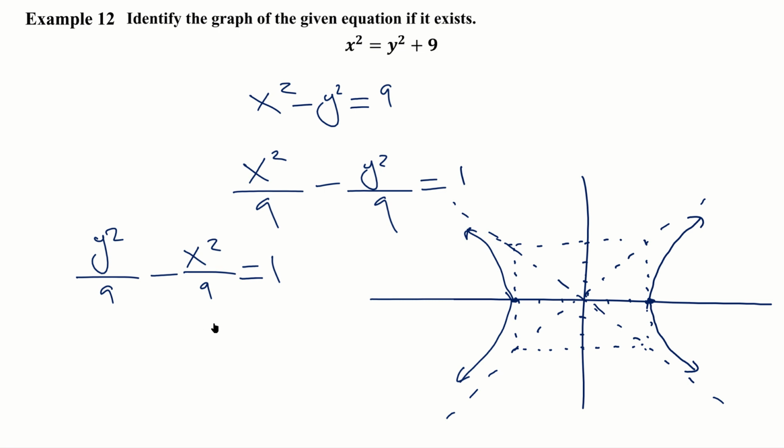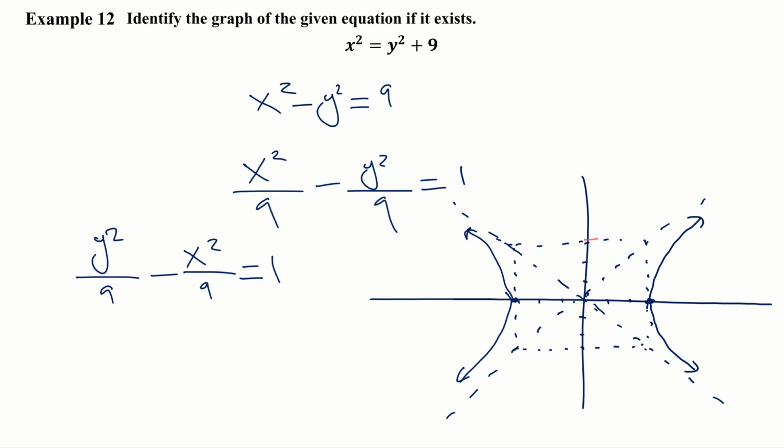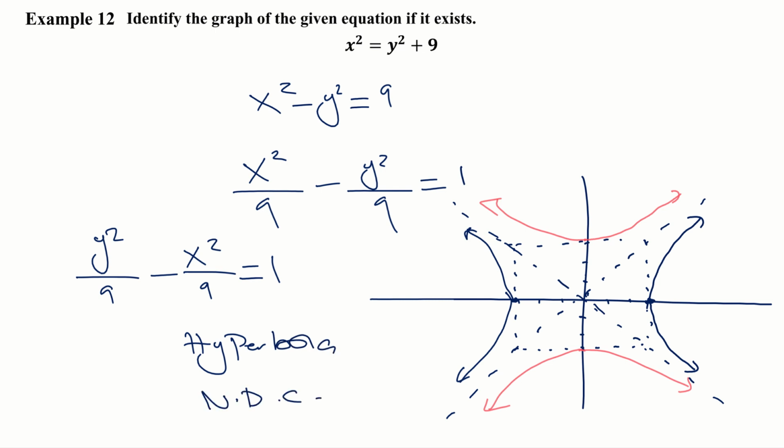Now, if I were graphing this, of course, I would have done this. That would have been the only difference. That would have been the graph of this particular equation here. All right, so we do have a hyperbola. And it's definitely a non-degenerate conic.